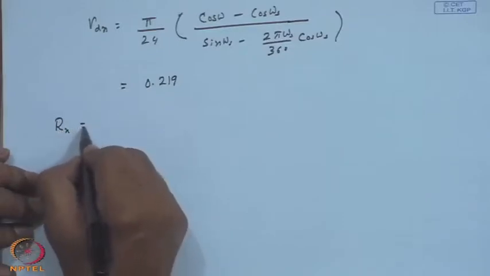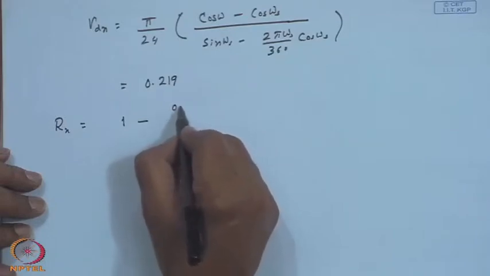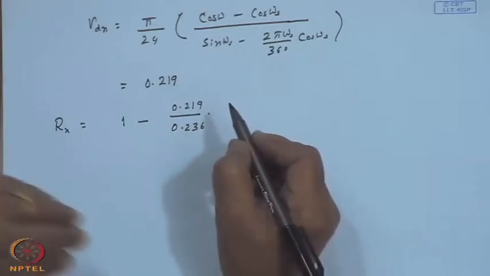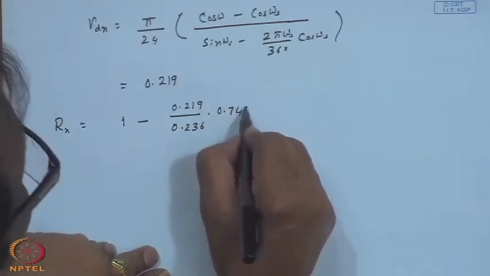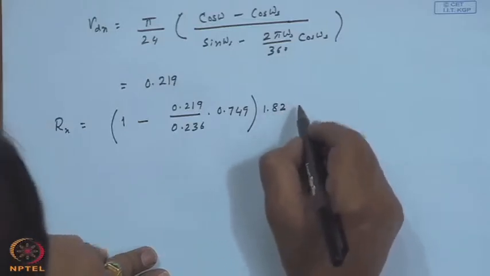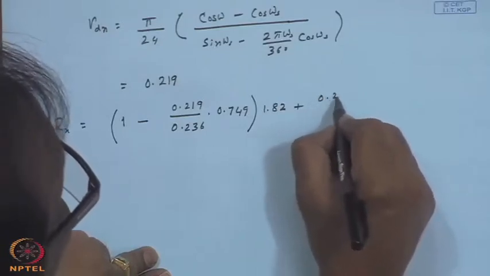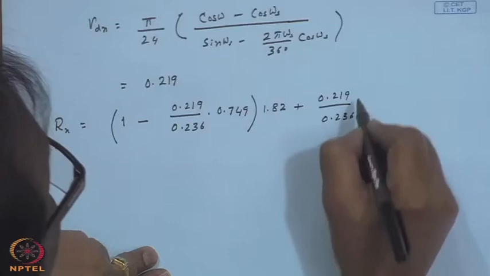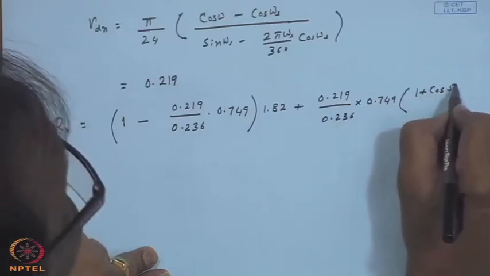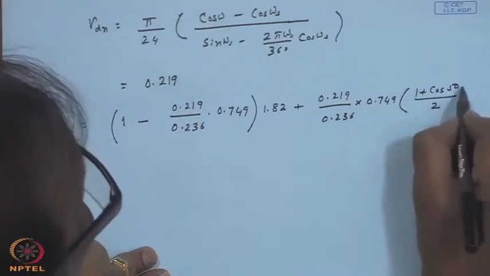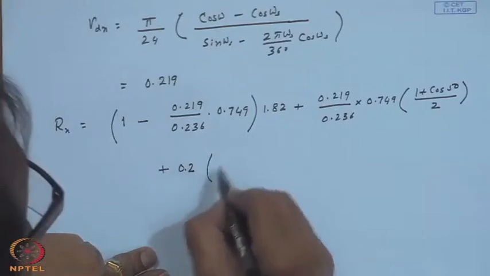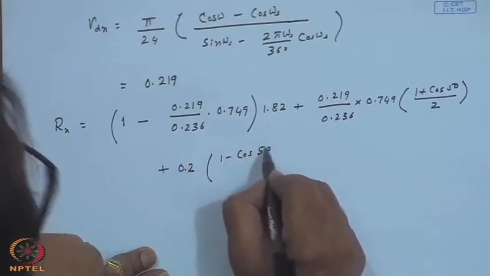So, we got RTN and RDN. Now, Rn, that is the noon time tilt factor, is 1 minus RDN by RTN times Rn, 0.749 Hd by H, I am sorry, times 1.82 plus 0.219 by 0.236 into 0.749 into 1 plus cos 50 by 2 plus 0.2 times 1 minus cos 50 by 2.